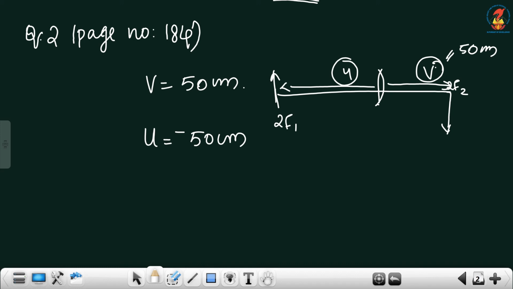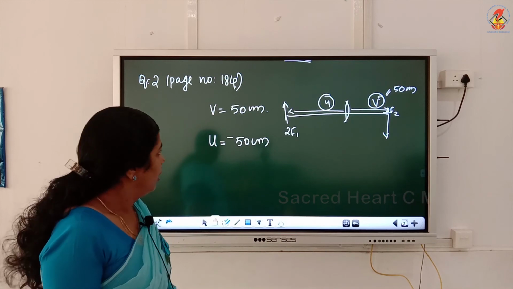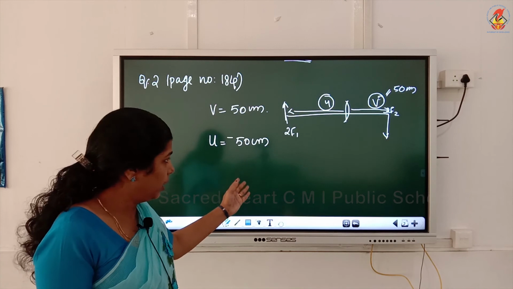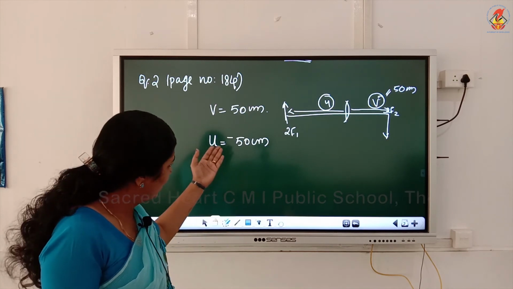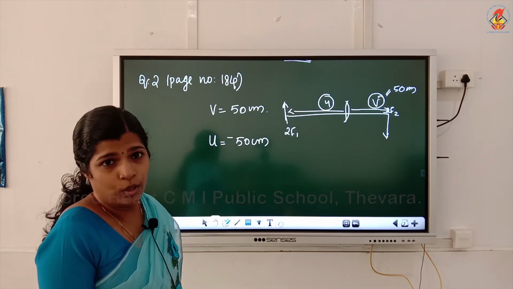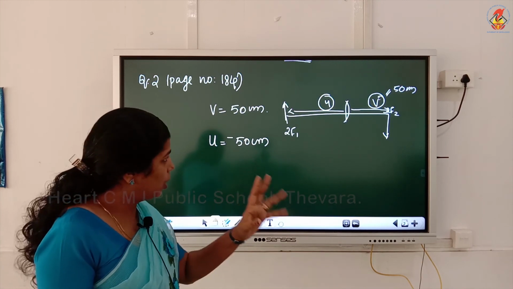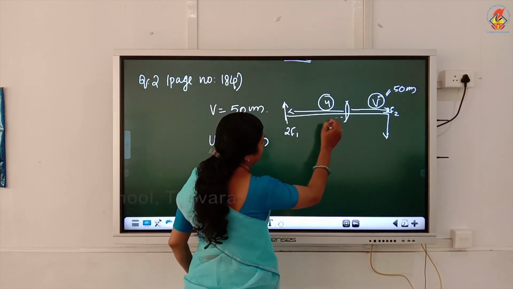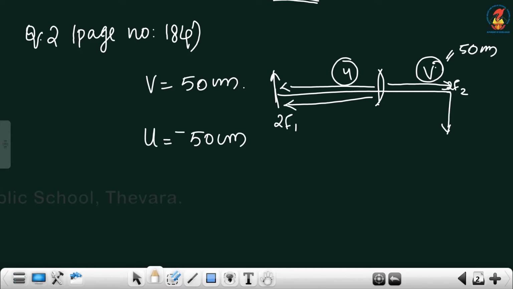Now, what is the question? Find the power of the lens. You can find the power. If you want to use the lens equation, 1 by f equal to 1 by v minus 1 by u, you can find the focal length. Or using your logic, this distance is 2f1 and this distance is 2f2, both are same.